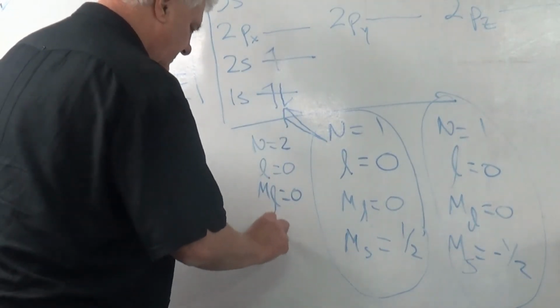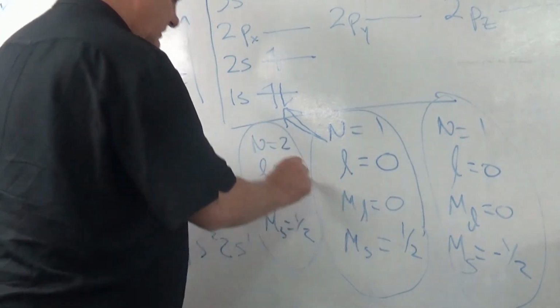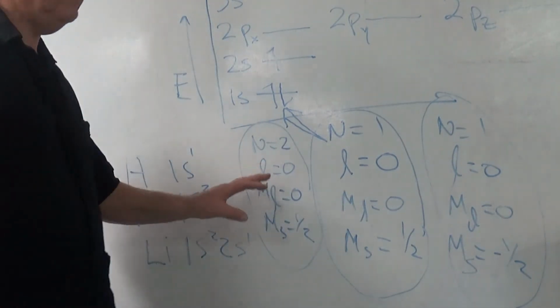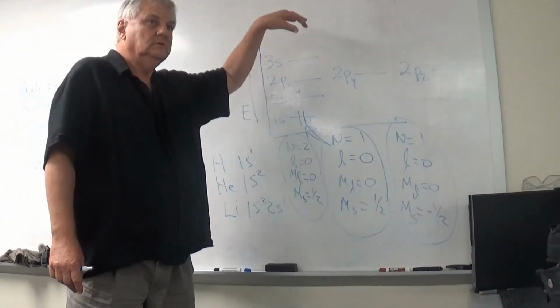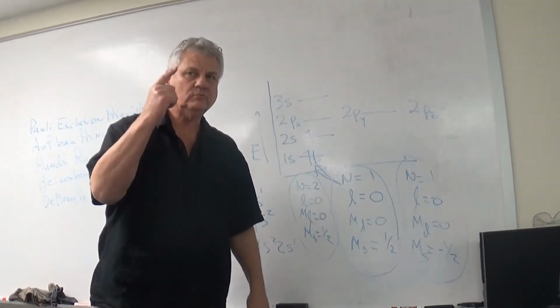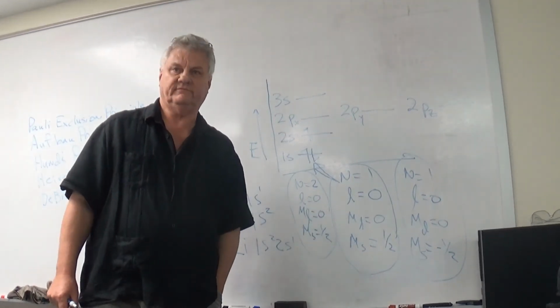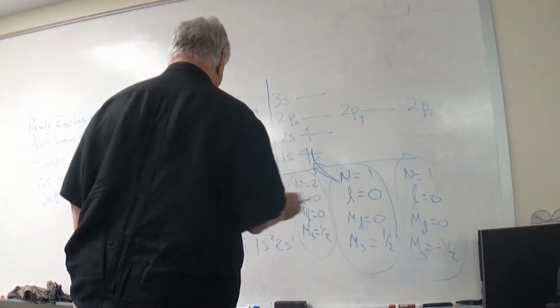And the spin quantum number we'll just say is 1/2. And so it's got a unique set. And we're going to stop, but you get the idea. As I keep filling these, each additional electron I add is going to have at least one quantum number that's different. And so we can stop worrying about this.